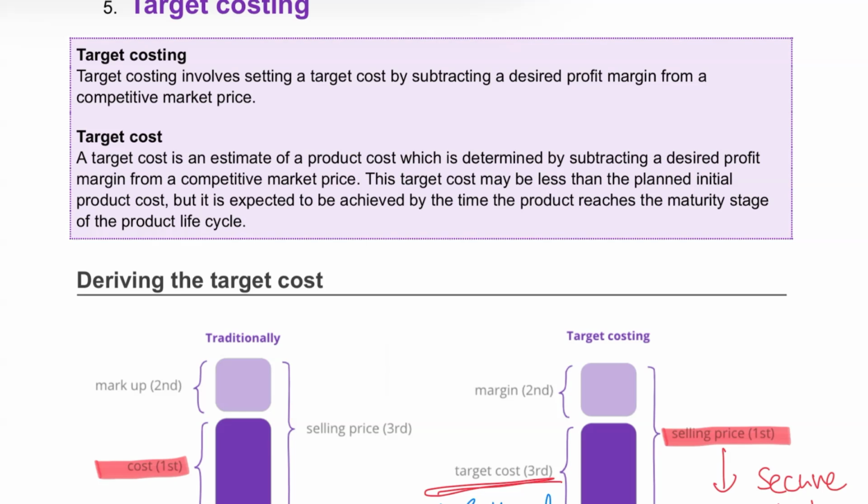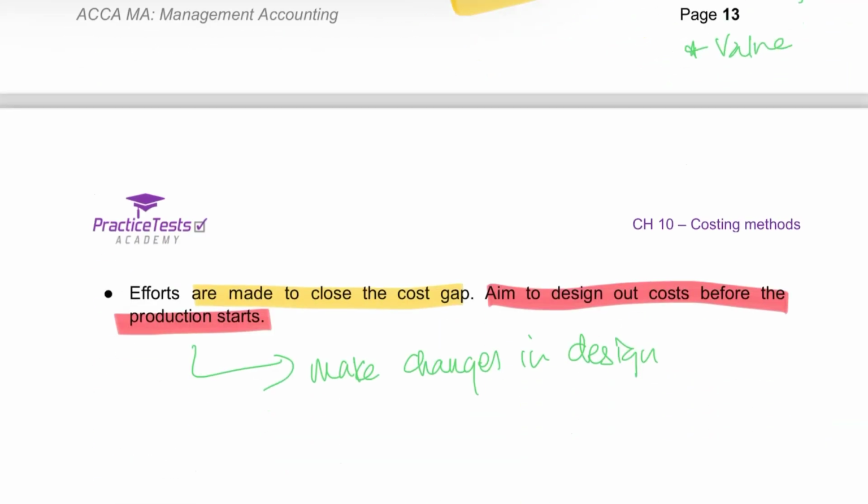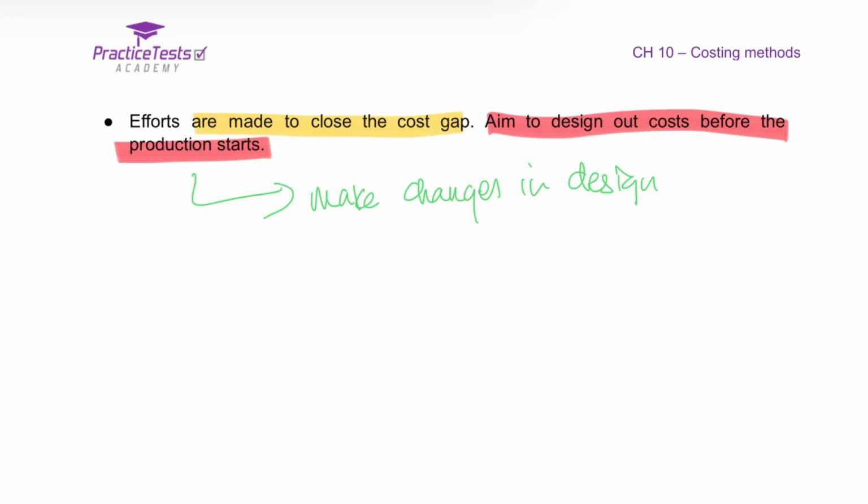Remember, with target costing, we start with the selling price, then we determine the margin, then the target cost. So it's opposite to the process we would follow using traditional costing. So this brings us to an end of our lesson. So this lesson was fairly a simpler lesson.